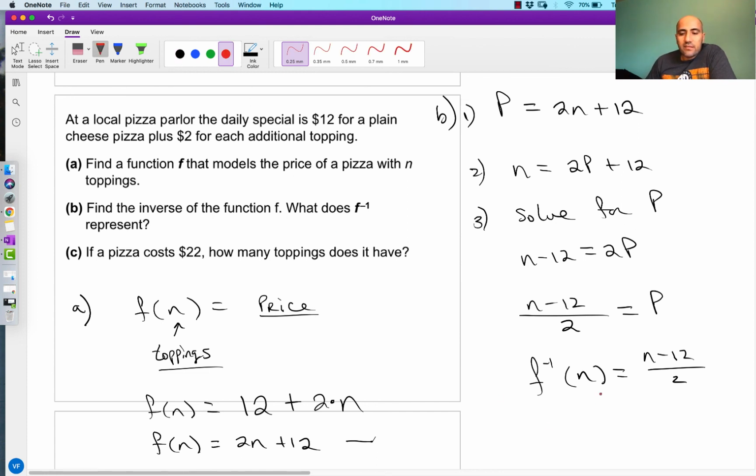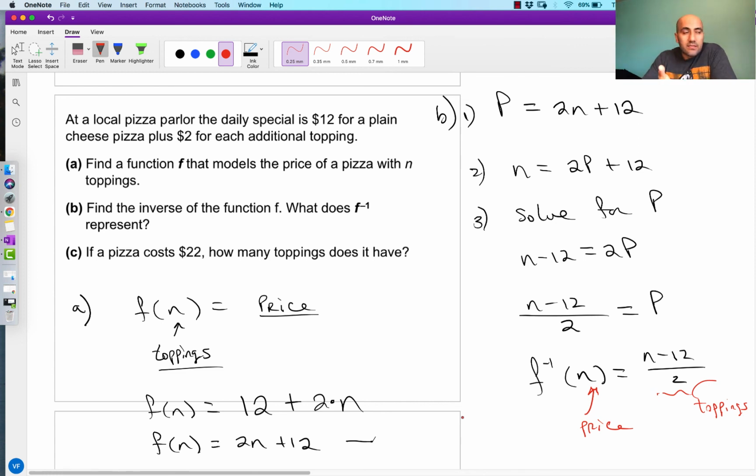In this case, this guy is going to be the price, and out will come the toppings. Since this one is toppings go in, price comes out, here we input the price and out come the toppings. So in this situation, when we have a word example where the letters are meaningful, it would be better to leave it with the letter p instead of the letter n.